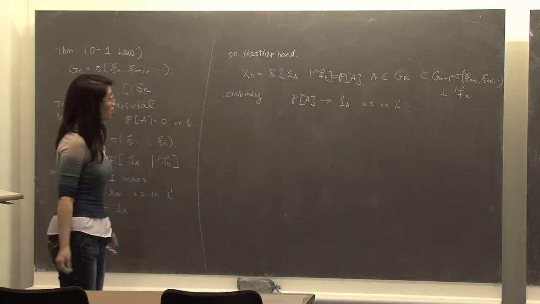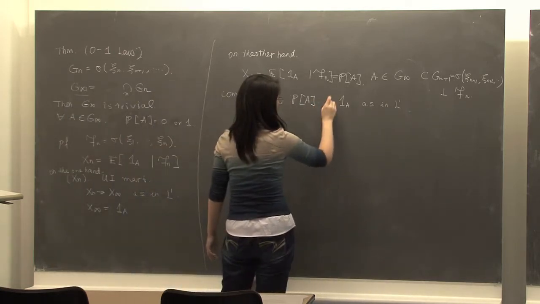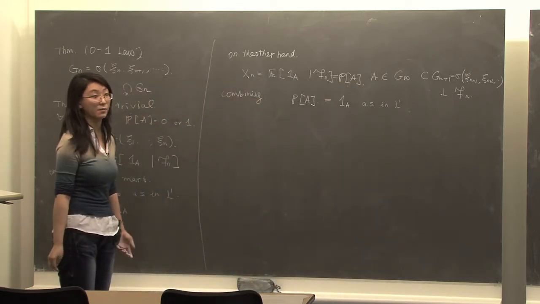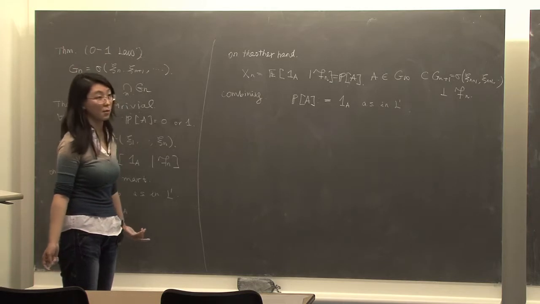So now this tells us this constant, the probability of A, equals the indicator function of A. So this probability is either 0 or 1.